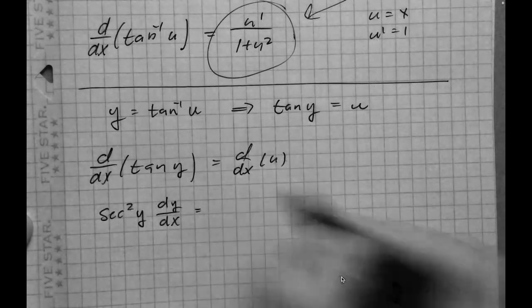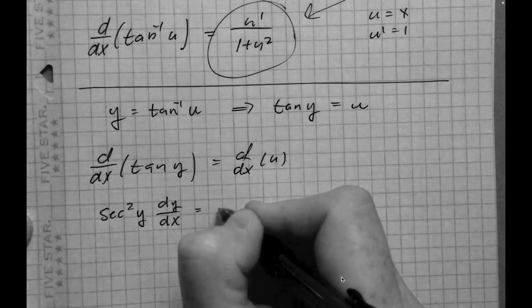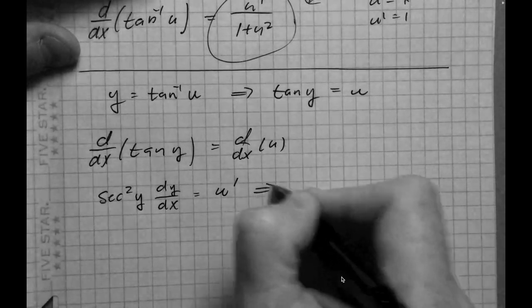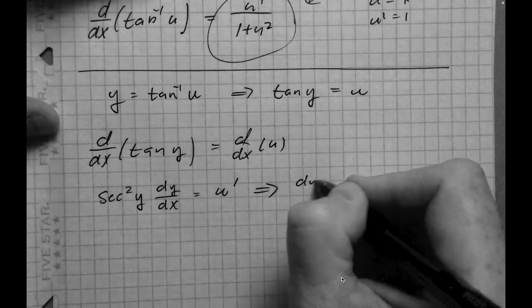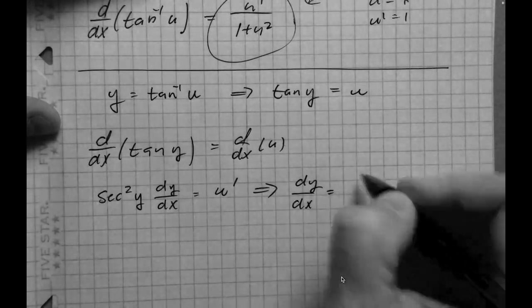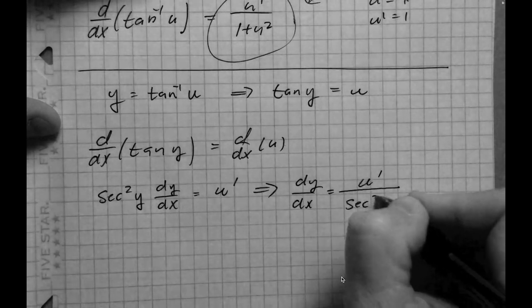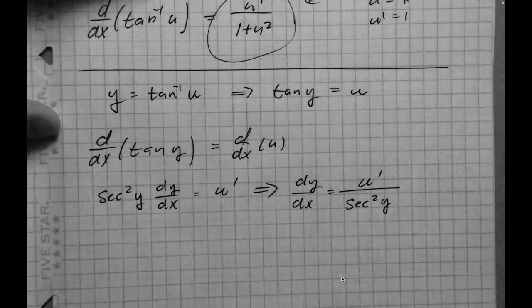Well, that's just du over dx, or you could write u prime because we're going to try to match the notation of our theorem. And so that means we've got dy dx equals u prime over secant squared y.